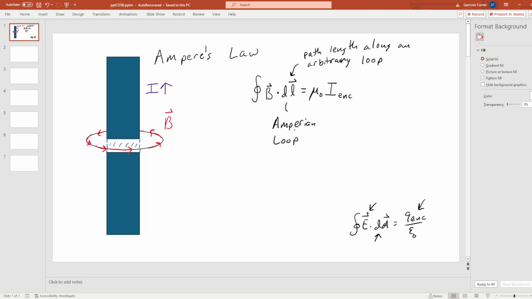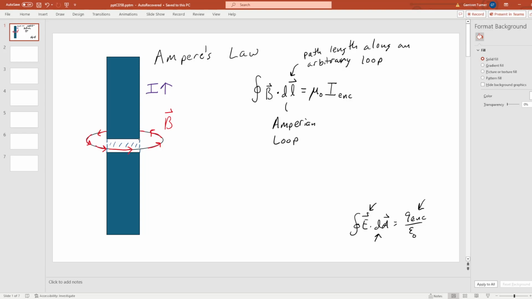Ampere's law acts very similarly. You have this arbitrary loop, and it has to be a closed loop, and that's what the closed sign on the integral says. You have a current carrying distribution. It doesn't have to be inside a wire. It can be a beam of free electrons or protons or something like that.